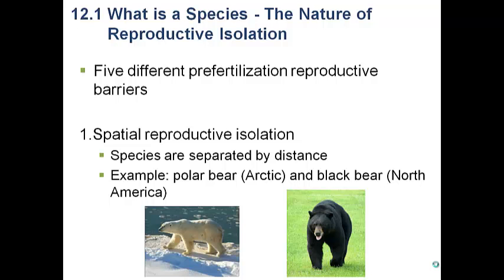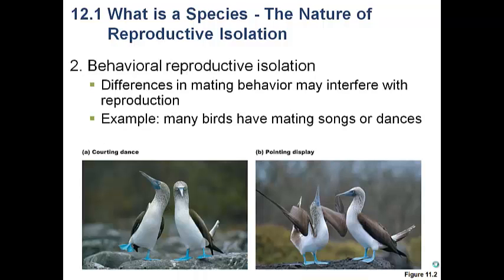They never come in contact with each other in the wild, so they don't reproduce because they don't live in the same location. Now, does this necessarily match up exactly with our biological species concept? The answer is no, because if these two organisms were put together, could they reproduce? Well, we don't know. But oftentimes organisms in nature are isolated spatially and therefore don't reproduce because of that.